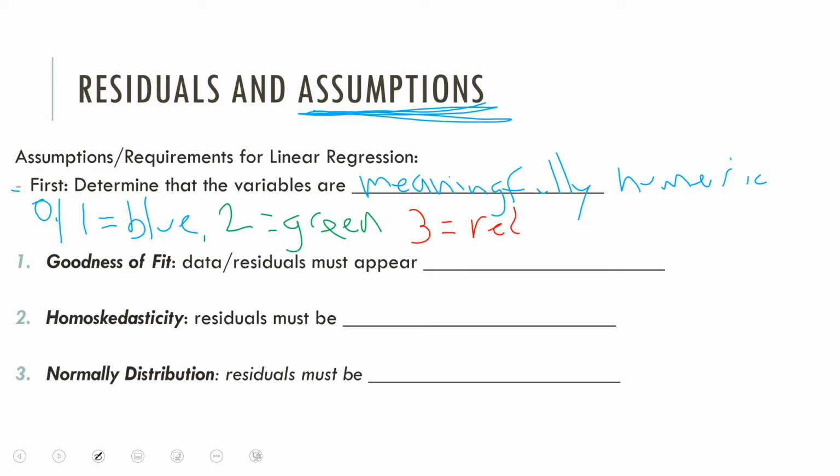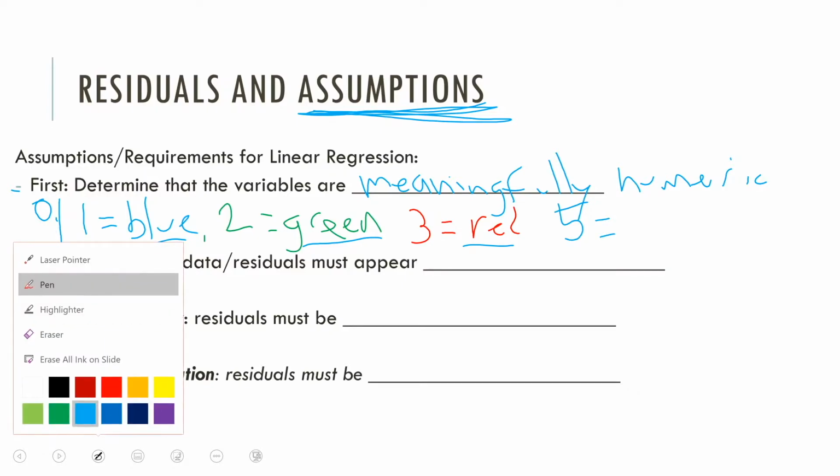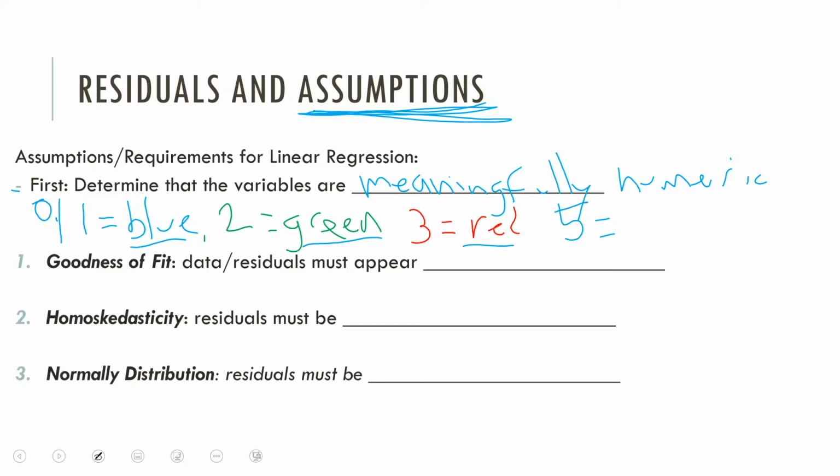We know these numbers represent some color, but the computer does not know that. If it were to add 2 and 3 together, that would be 5, and we have no clue what color that would be. But the computer thinks it's going to be 5.